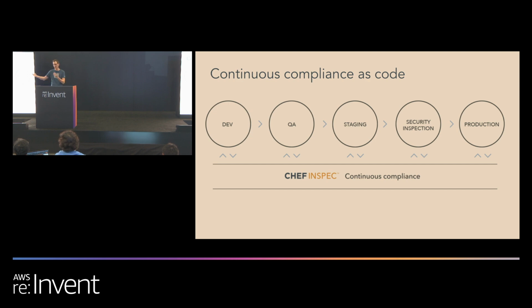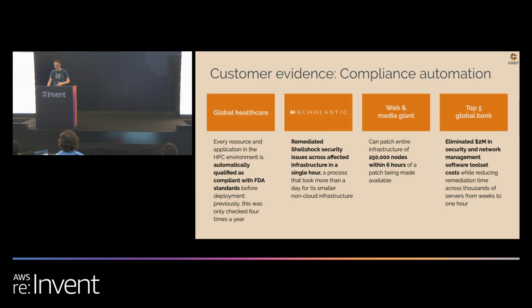So, this is just kind of a graphic that shows this, and then I'll go through a quick demo of it. But really what we're just telling you is if you can use a testing language that's in code that you can run from anywhere, then you can absolutely use it in every environment from dev to production, which is very different than having a team that just audits production after you've already deployed.